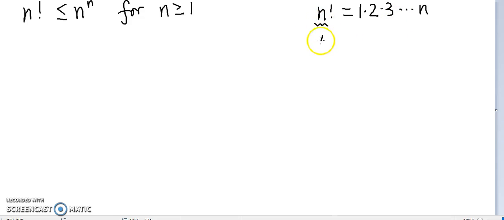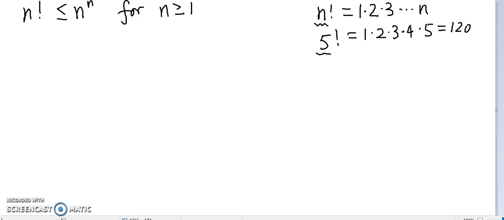So for example, if we're trying to find 5 factorial, we start with the first positive integer 1 and multiply by 2, 3, 4, and in this case the last integer specified is 5. You multiply out, and we get 120.